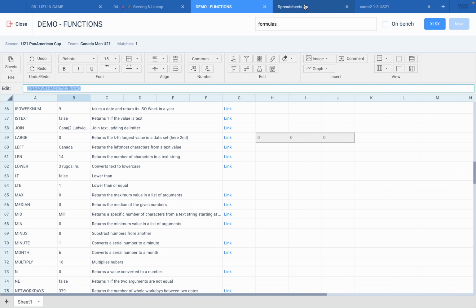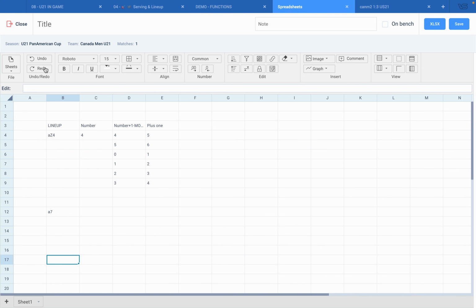In a spreadsheet, if I want the modulus of 5 divided by 6, it stays 5 because I cannot divide it, right? The mod of 6 divided by 6 stays 0, and the mod of 7 is 1.